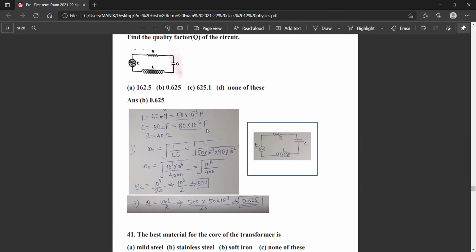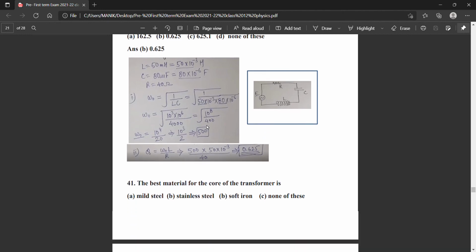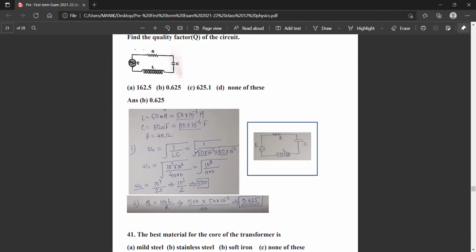I have calculated the quality factor here. You see the calculations. It can also be calculated by another formula, that is 1 by R into root over L by C, but I have calculated it in a different way, so please go through this. The answer is 0.625.